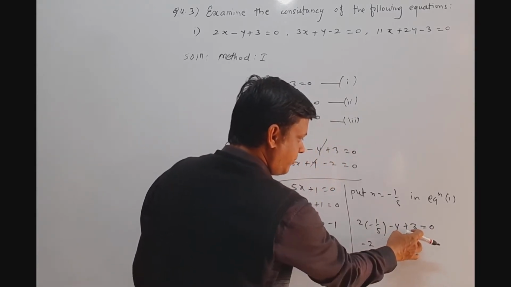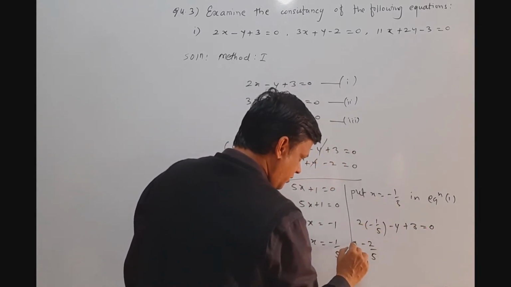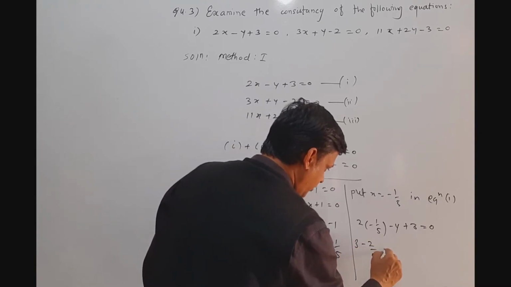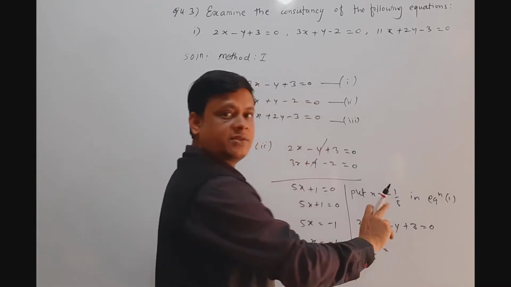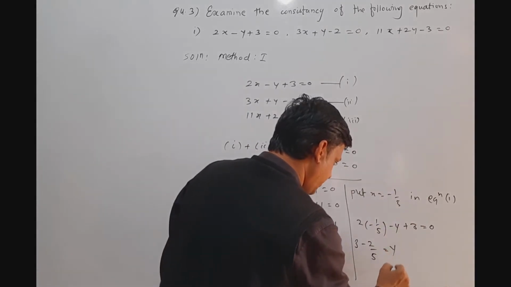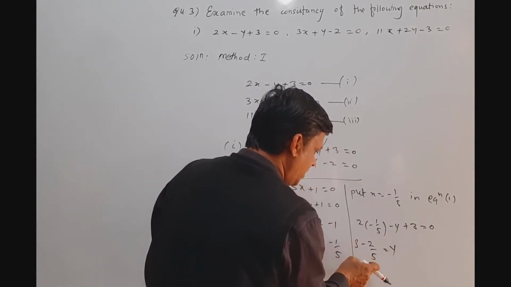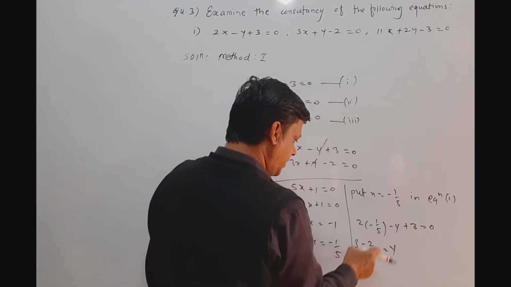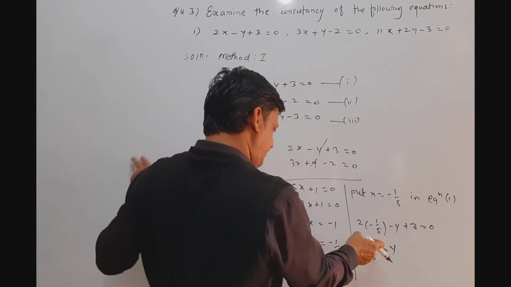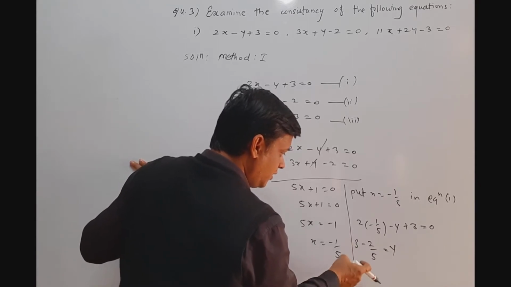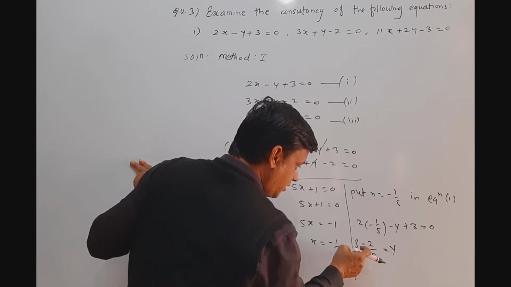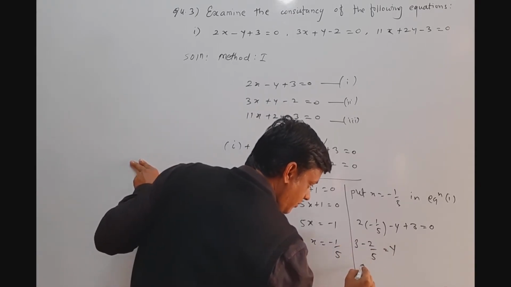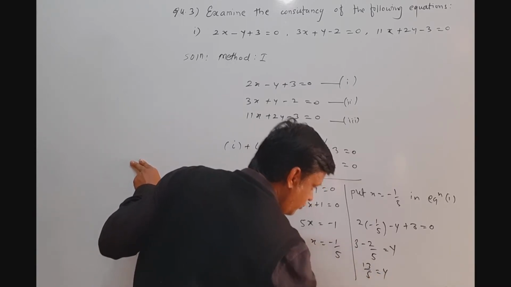We write this plus 3 at first position. So we write here 3 minus 2 by 5 is equal to, we transfer this minus y to the right hand side, so we get plus y. So after cross multiplication, here we get 3 fives are 15, 15 minus 2, which is 13. So here we get 13 by 5 equals y.